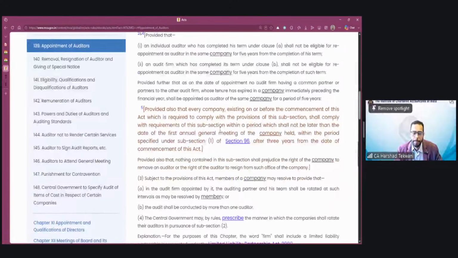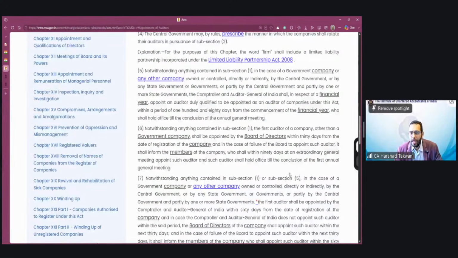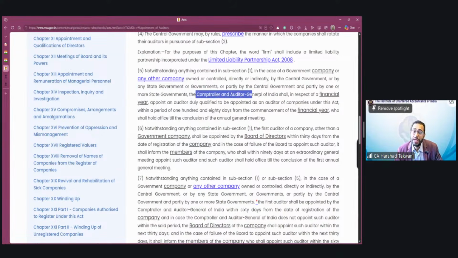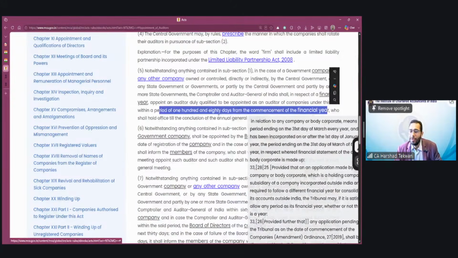Now if you see section 139, we are talking about subsection 5 and subsection 6. Subsection 5 says that in case of a government company, or any other company owned and controlled, directly or indirectly, by the central government or state government, or partly by the central government and partly by one or more state governments, CAG shall appoint the auditor duly qualified to be appointed as an auditor of the companies, within a period of 180 days from the commencement of the financial year.